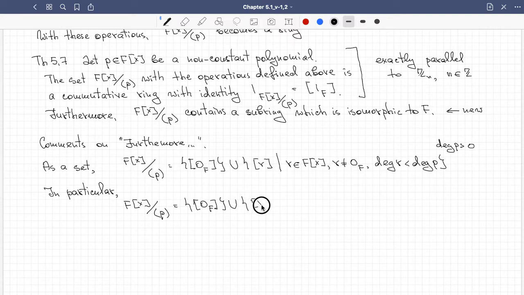So I will write R who are degree 0 polynomials. The degree of a polynomial is 0 if and only if the polynomial is a constant, an element of F, of course, different from 0. So these are just constants.